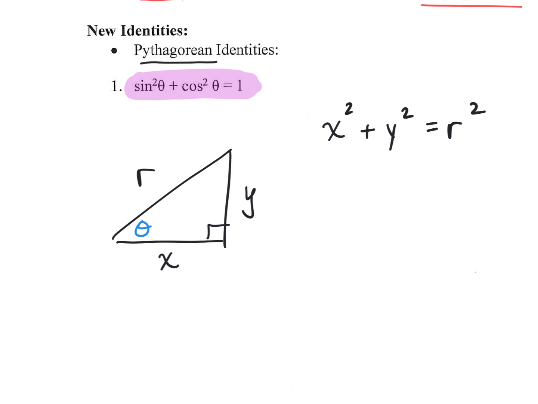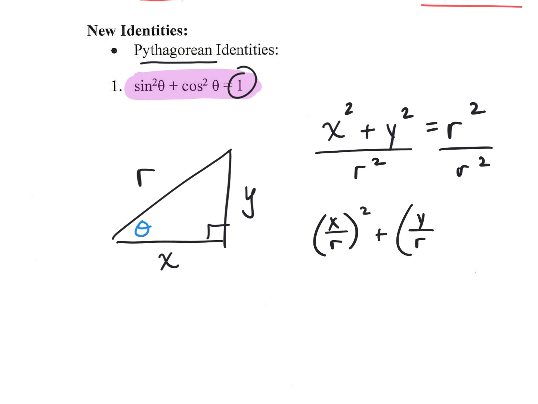So if I want to create a 1 here, I can divide our entire equation by r squared. I'm going to rewrite these as fractions, x over r quantity squared plus y over r quantity squared, and r squared over r squared, regardless of what r is, will equal 1.